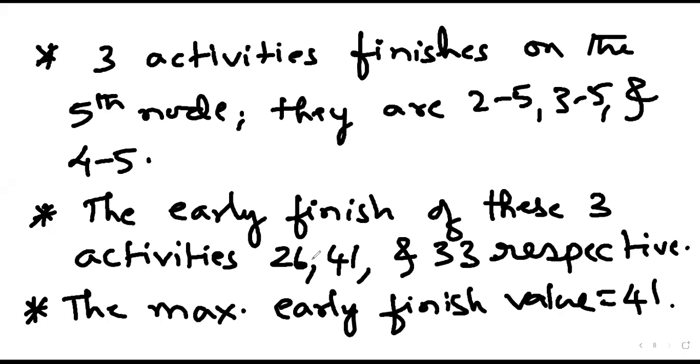In this case, we are calculating the free float for 4-5, so accordingly we are supposed to do the calculation. So 41 will be the early start for the activity that starts from the 5th node.